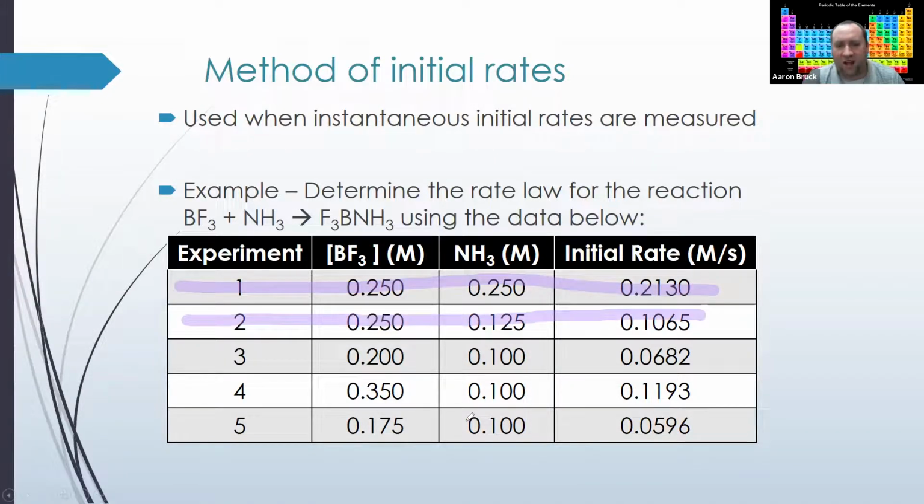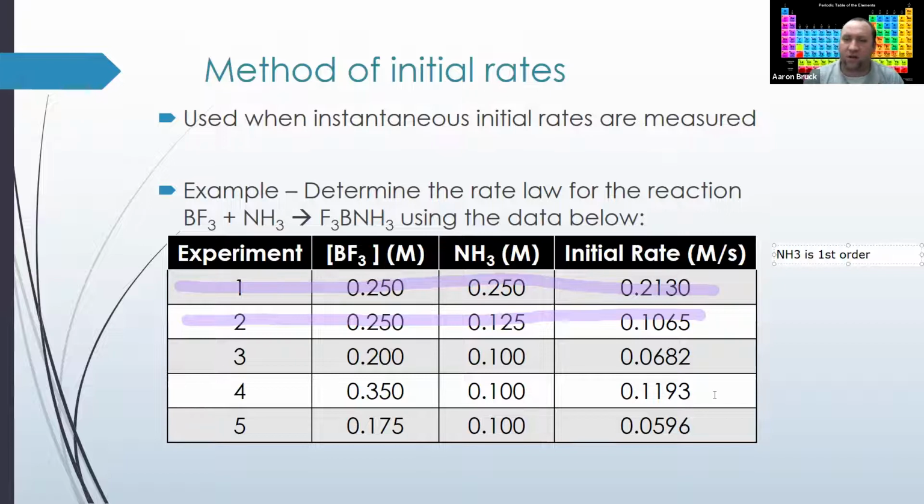So if I compare reaction 1 and reaction 2 here, I can see that my boron trifluoride is held constant, but my ammonia concentration has been cut in half. And when the ammonia concentration is cut in half, I see that the initial rate has been cut in half as well. My net conclusion here would be that ammonia is first order.